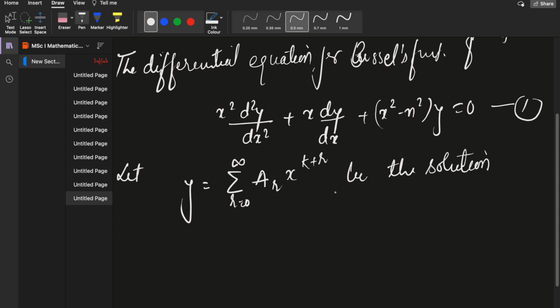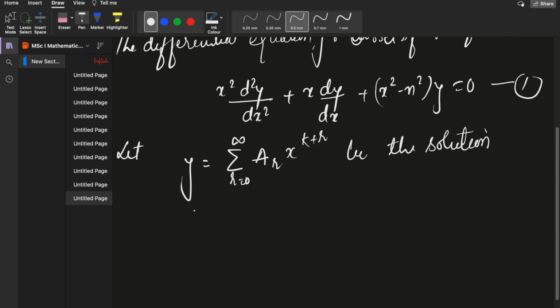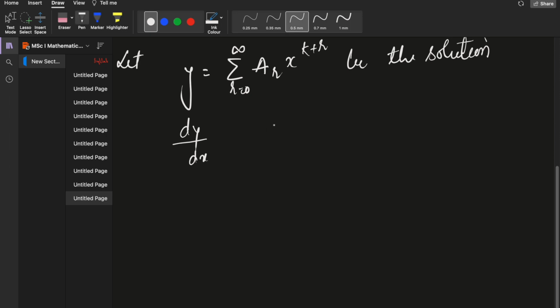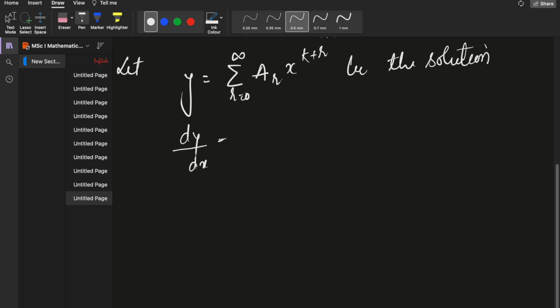So if we have y equal to this, then dy by dx is the summation r tends to 0 to infinity of ar (k plus r) x to the power k plus r minus 1.